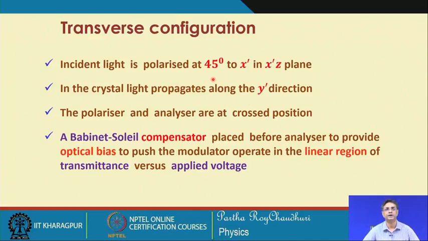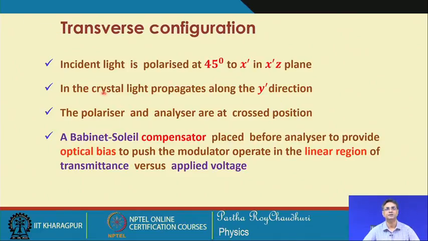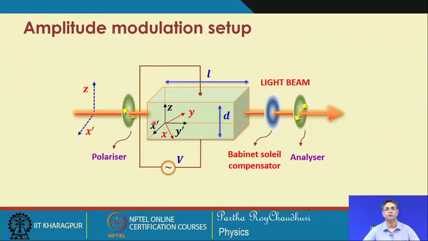Incident light is polarized at 45 degrees to x prime in the x z plane. I just now explained that, 45 degrees in the x z plane, so halfway through your x dash and z dash. So, that is the incident polarization. In the crystal, light propagates only along the y direction.